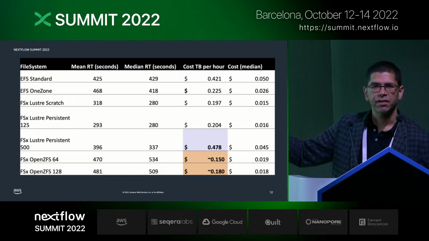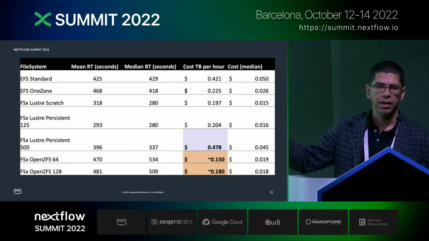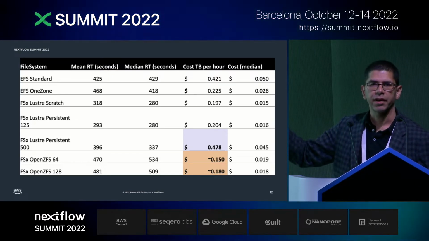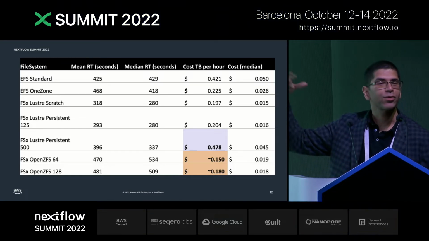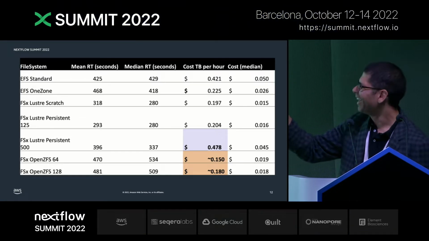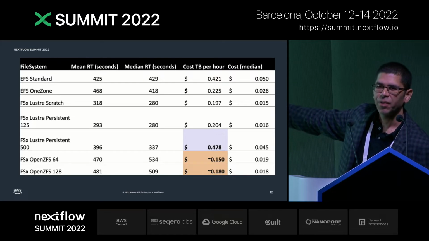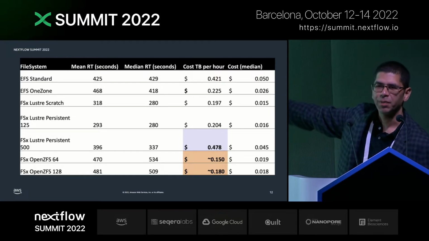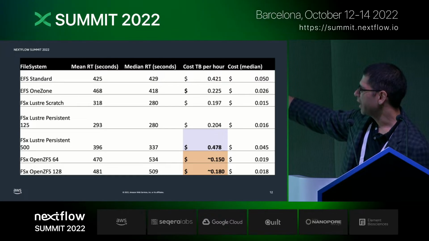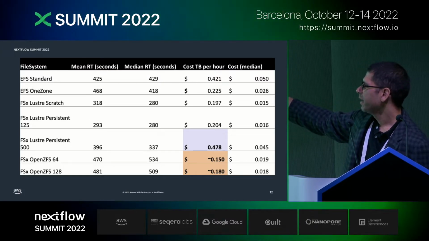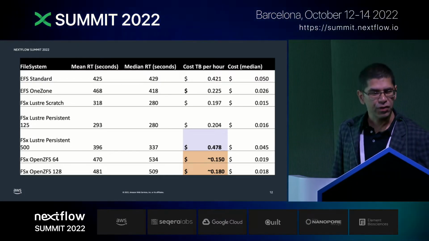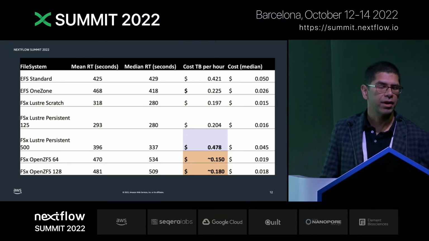So assuming a sustained rate for an hour, this is the cost sort of per terabyte. And again, don't take pictures because this is SWAG, this isn't a real thing, right? These are approximate costs. And for the cost of just running the one analysis, the average mean time to complete, it's something like 4.5 cents to run, just for the storage cost to run the RNA-seq test pipeline, right?